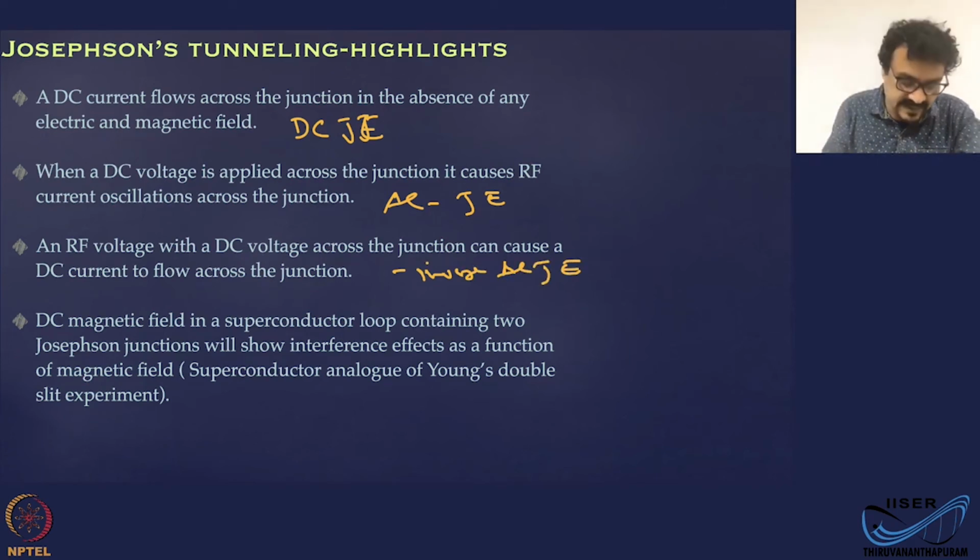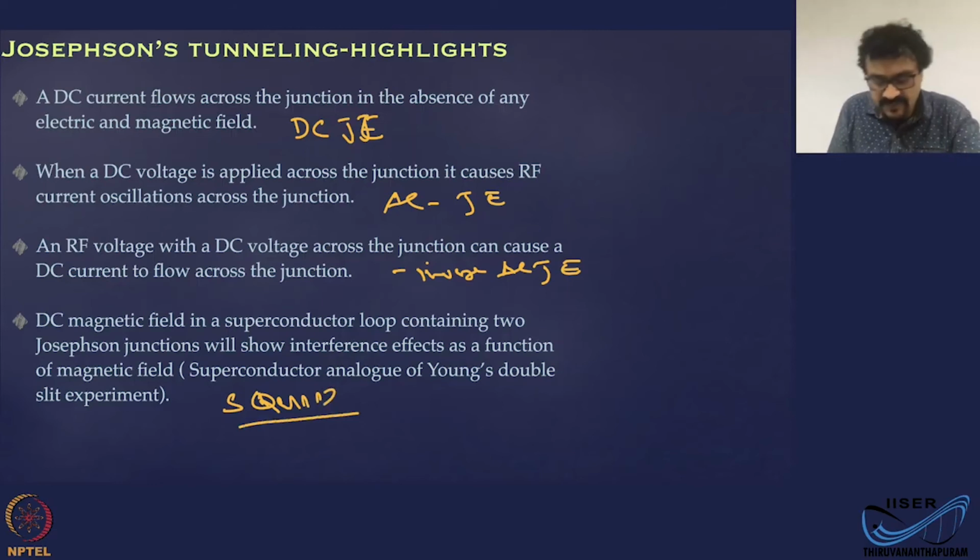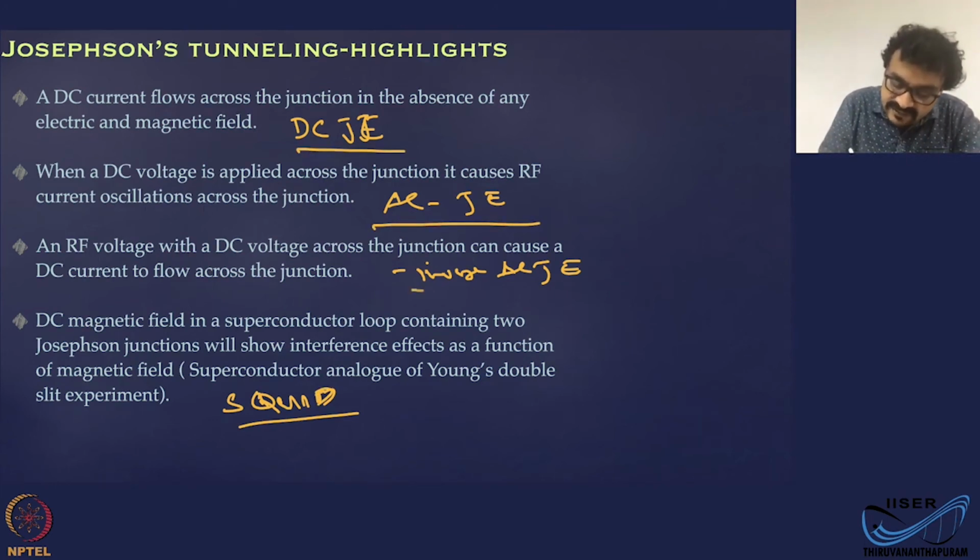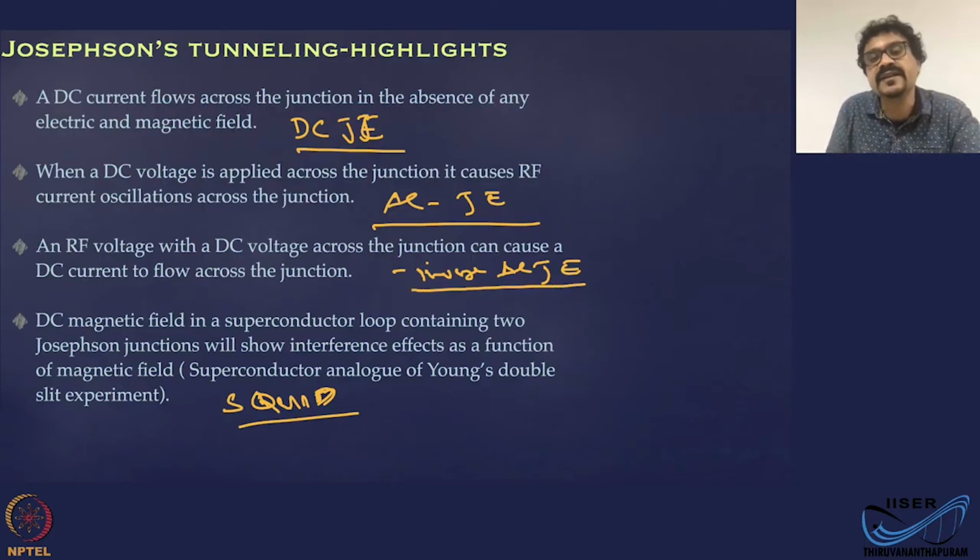And this is your SQUID, superconducting quantum interference devices. This is the SQUID part. So DC Josephson effect, AC Josephson effect, inverse AC Josephson effect, and the SQUID, the superconducting interference phenomena. It's a macroscopic quantum interference phenomenon.